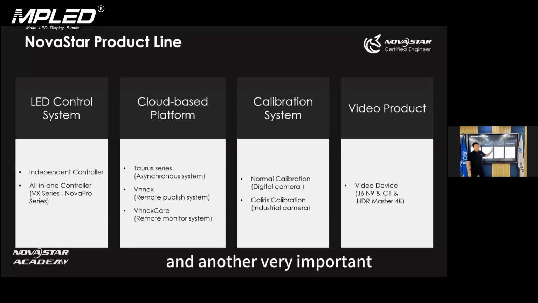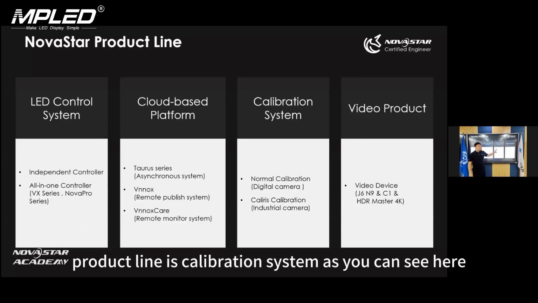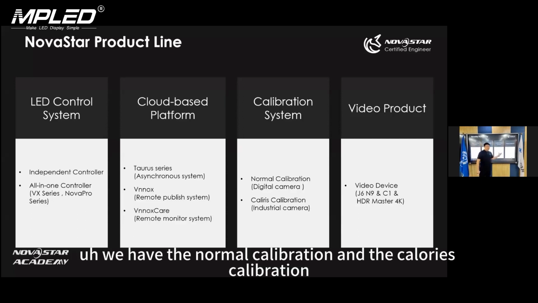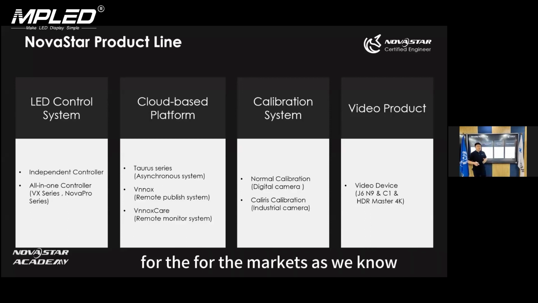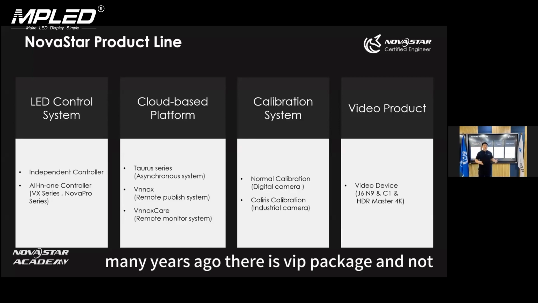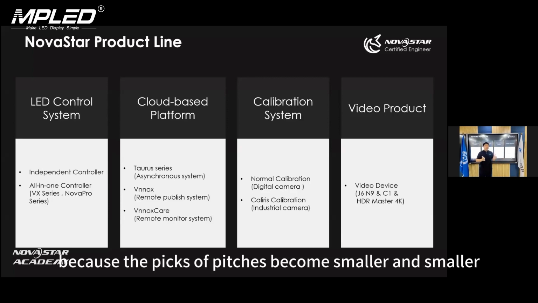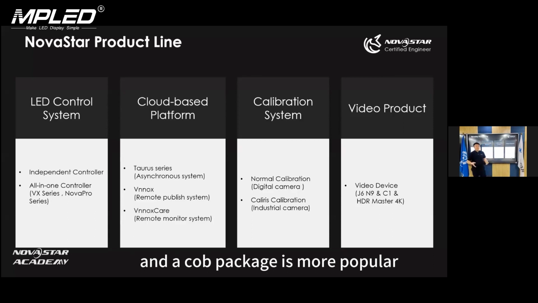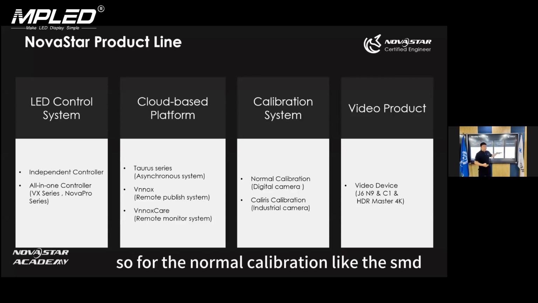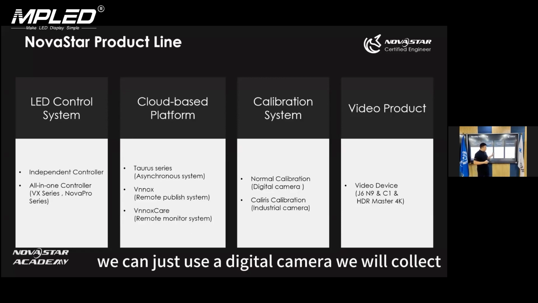Another very important product line is the calibration system. As you can see here, we have the normal calibration and the color calibration. In the market, many years ago, there was mainly the DIP package and then the SMD package. Because the pixel pitches become smaller and smaller, the COB package is more popular. So for the normal calibration, like SMD, we can just use a digital camera.